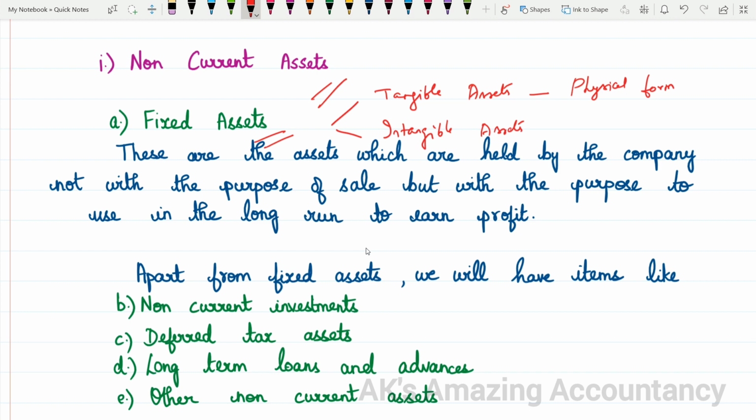For example, assets like land and building, plant and machinery, furniture and fixtures, all these will be considered as tangible assets. Intangible assets are those assets which are not physical in nature.